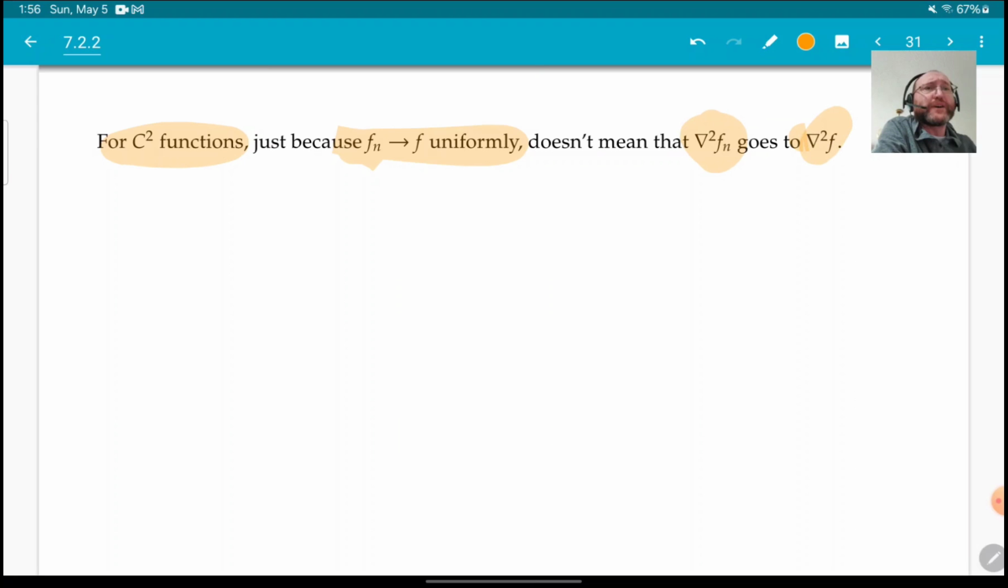That's just not true. I would have to have the derivatives, all the derivatives, including the second ones, also converge, right?